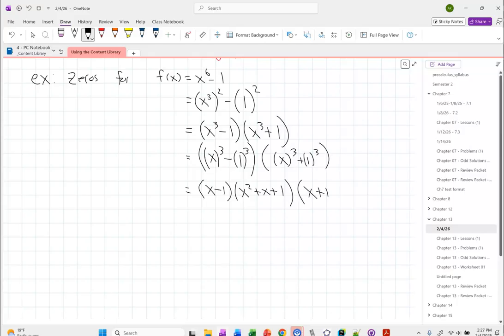So if I use the sum of two cubes factoring pattern, I get this. Everybody okay? You okay with how I filled the values into the factoring patterns? You did this last year in Algebra 2, I hope. Okay.